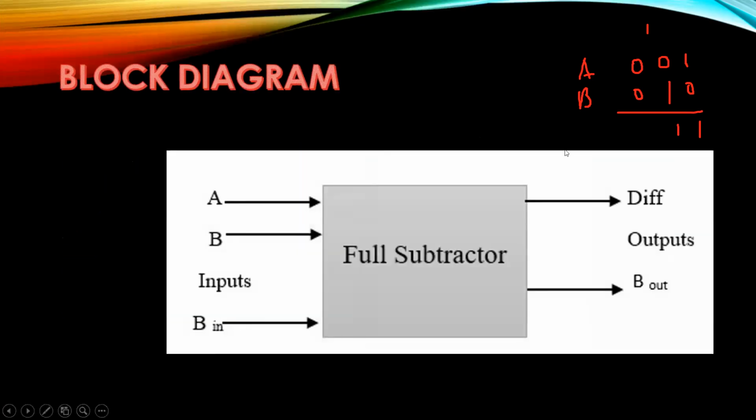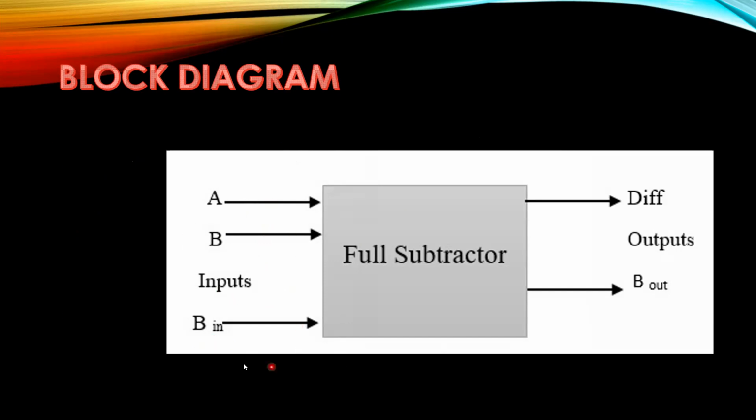So this is the block diagram of the full subtractor, which has 2 input bits with the borrow input. Here these two are the single bit numbers and this is the borrow input.